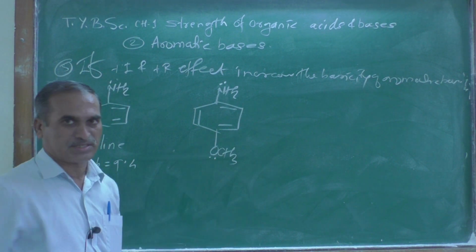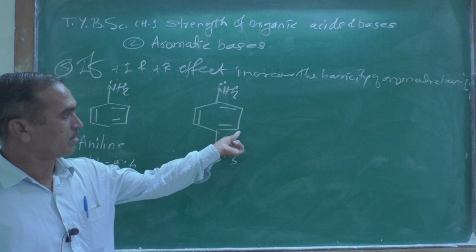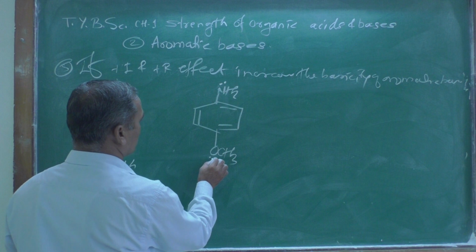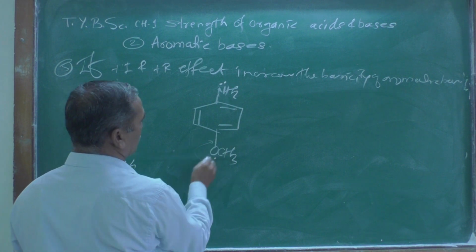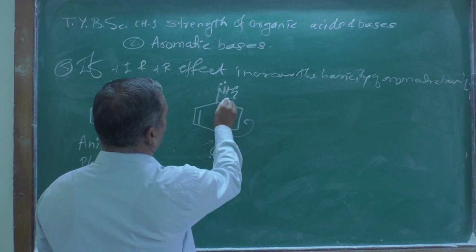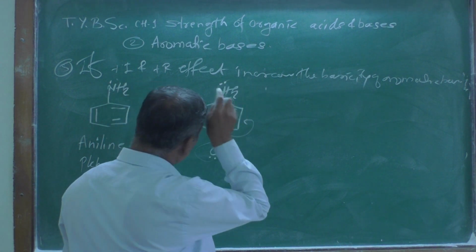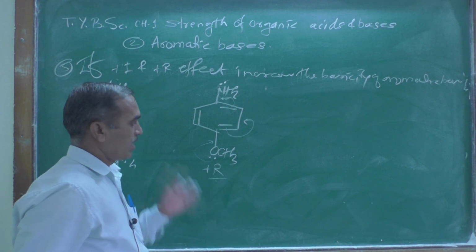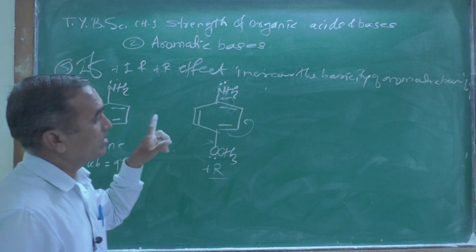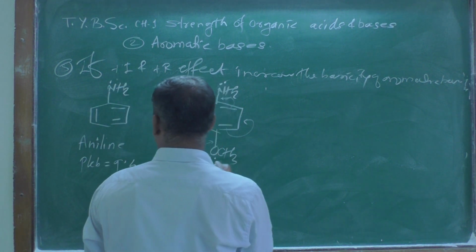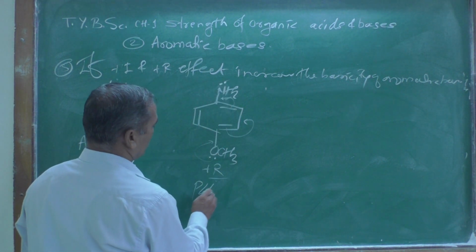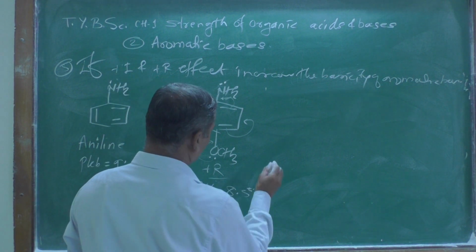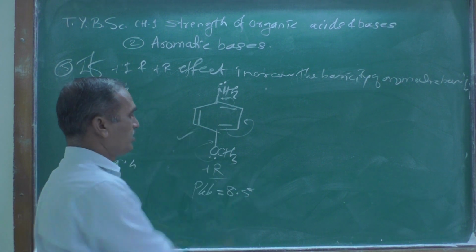There are three structures: methoxy group at the ortho position, at the meta position, and at the para position. What is going to happen? They donate electrons like this, so due to the +R effect as well as the +I effect, they increase the basicity. So the pKb value is found to be 8.5 or so, which is lower.